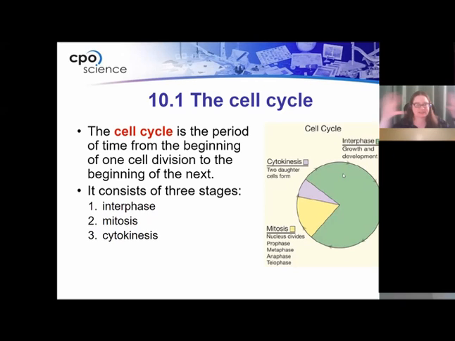Okay, so interphase, the cell grows, it gets old, it decides, you know what, time to split up into 2 new cells. It splits up during mitosis, where it copies all the DNA, it organizes the DNA, and then it splits during cytokinesis.